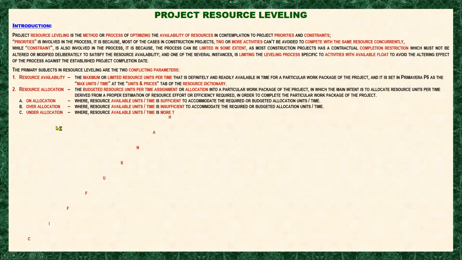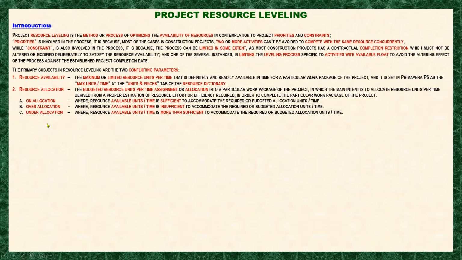Okay, next is the under allocation. So this is where resource available units is more than sufficient. It is not only sufficient, but more than sufficient to accommodate the required or budgeted allocation per time. Okay, so meaning if you have available units of 10 and you only require 5, you are under allocated.